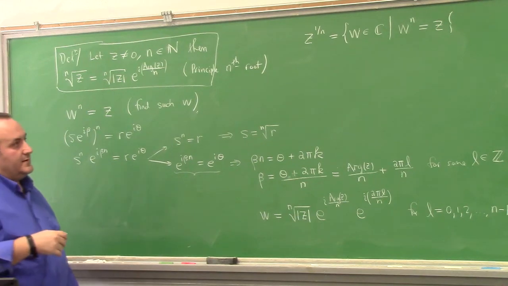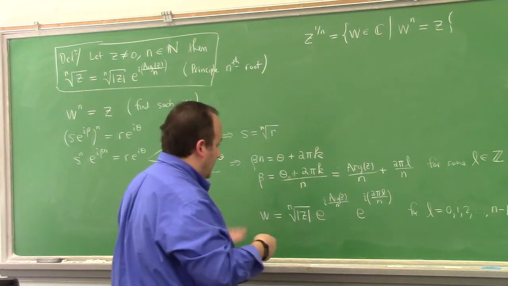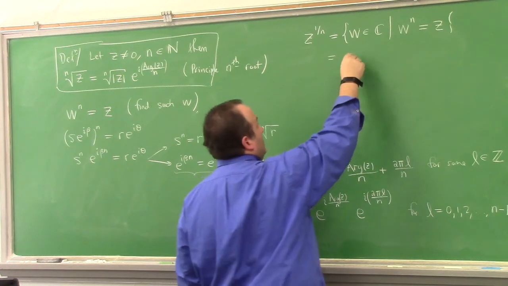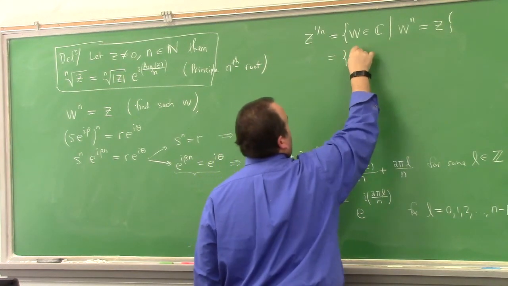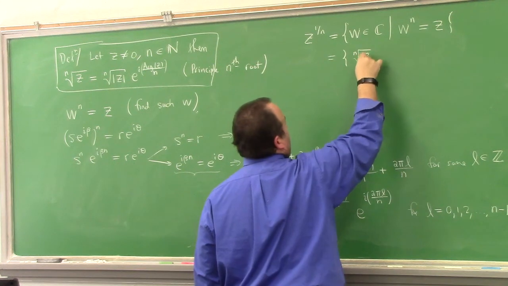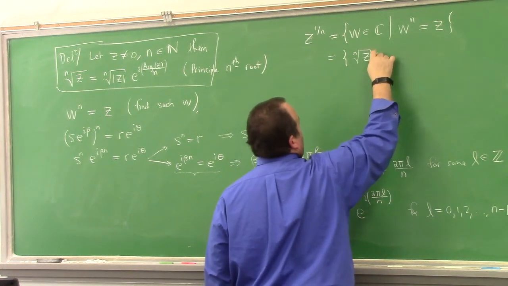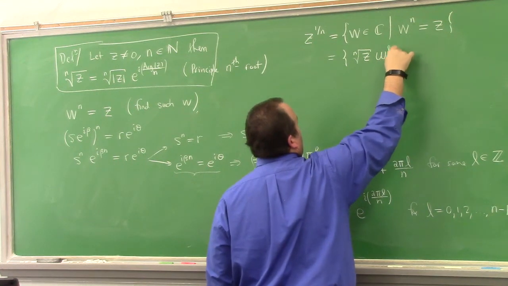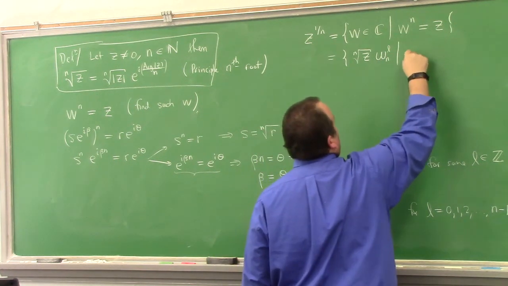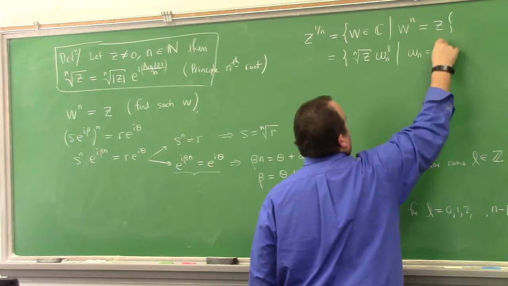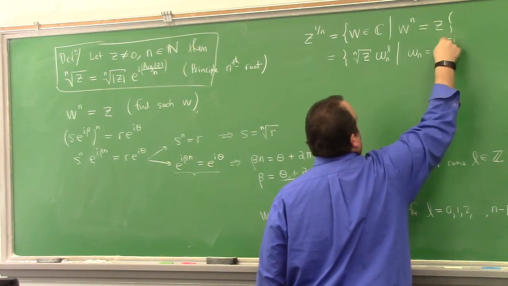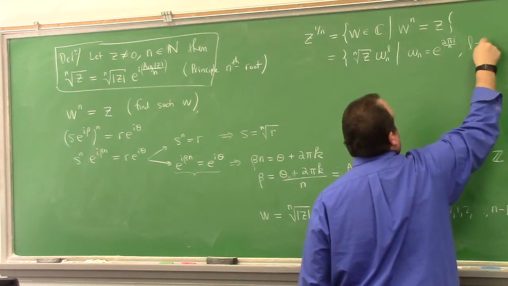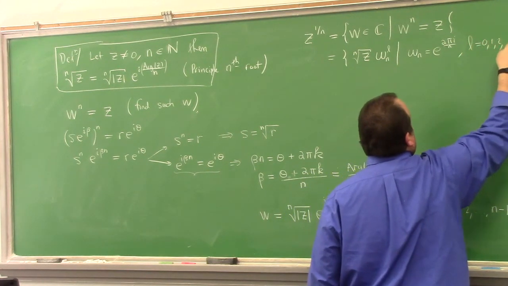Here, you could write this as the nth root of z times omega sub n to the L power, such that omega sub n is e to the 2 pi i over n, and L is equal to 0, 1, 2, ..., n minus 1.